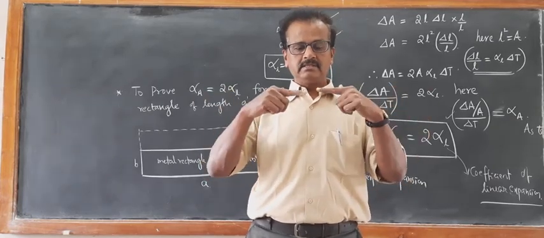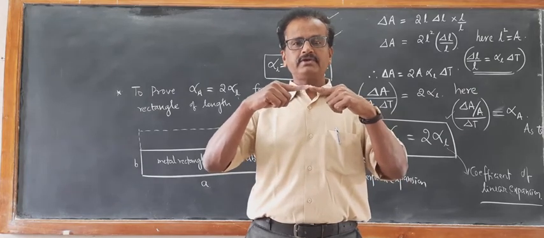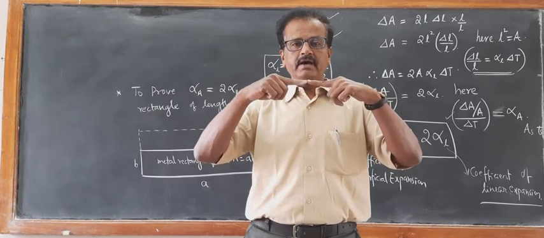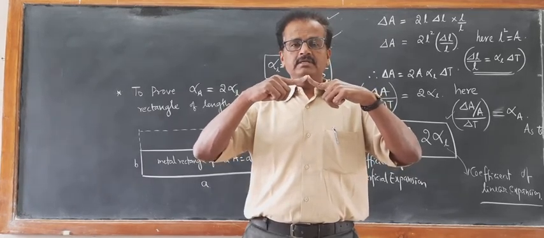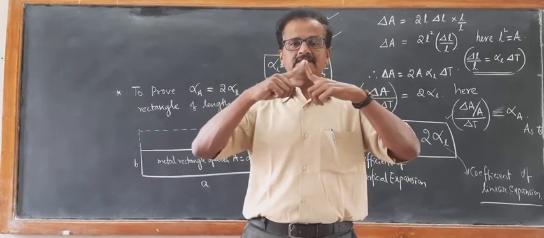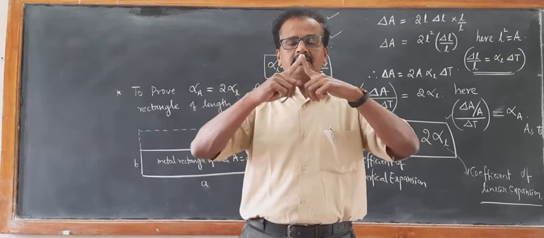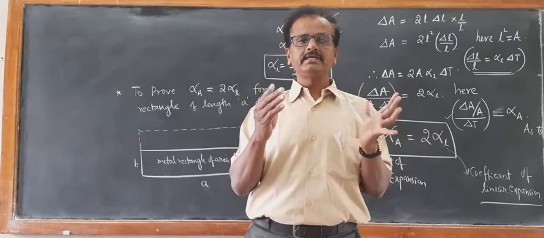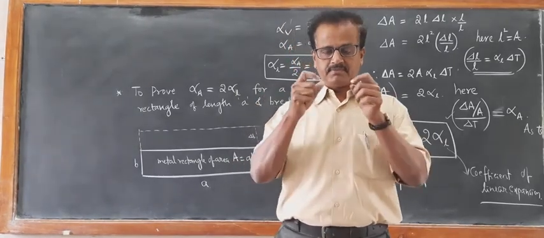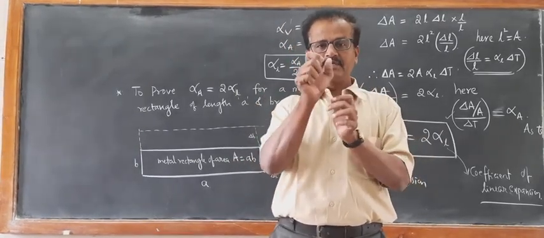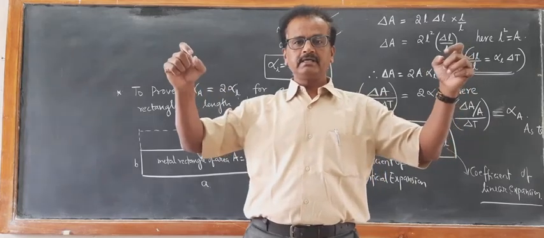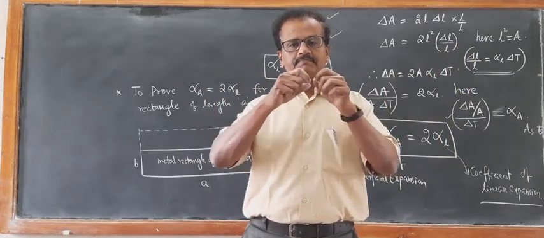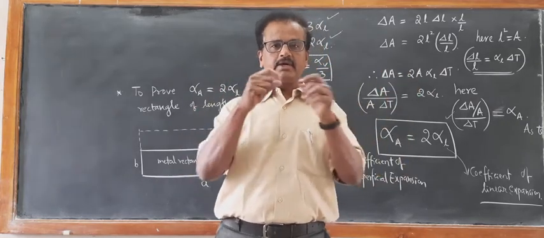These rails will have compression on each other due to expansion. They will have a thermal stress. As a result, they tend to buckle. Due to this buckling effect, it leads to very dangerous accidents. Therefore, purposely a gap is left between two rails when they are joined.